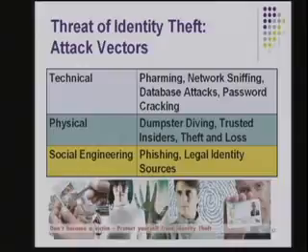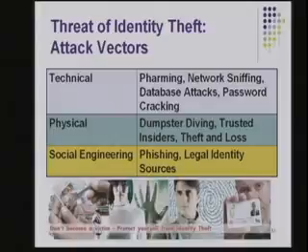technical attacks. On the physical side, not enough people are shredding their mail, so you have dumpster diving, trusted insiders, and just theft and loss. Then you have the social engineering aspect, where you can have the legal identity sources, like the one we saw earlier, phishing, and family members trying to get information.